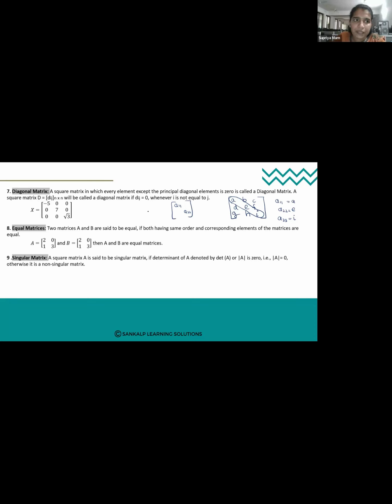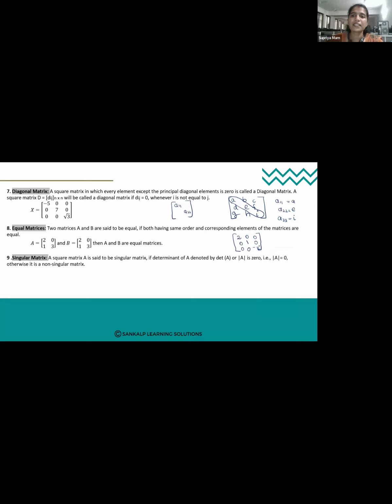Now, let me consider the diagonal matrix. Diagonal matrix is a square matrix in which non-diagonal entries are 0. So I'll consider the diagonal entries first: 2, 1, -4. These are the diagonal entries. Non-diagonal entries are 0.